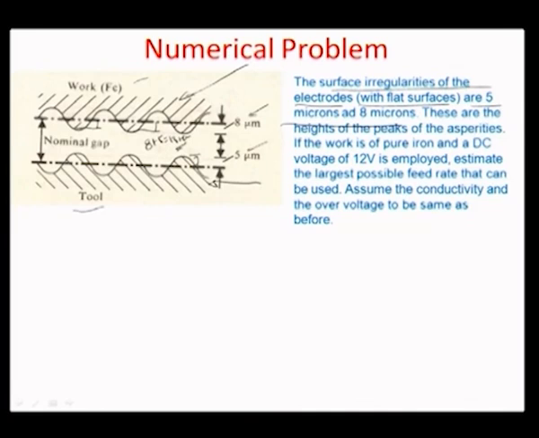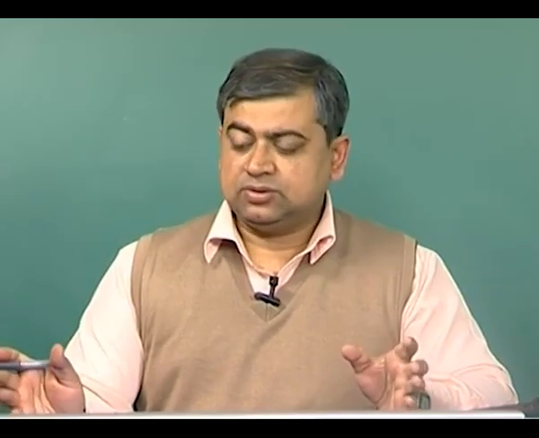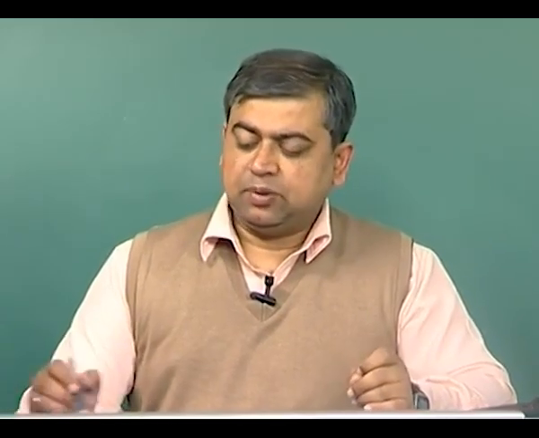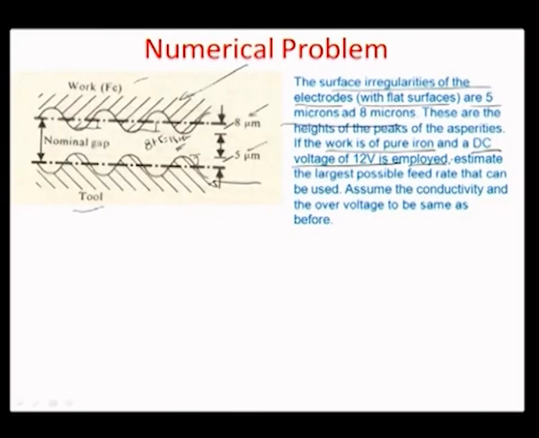So if supposing the work is again of pure iron, we assume iron for the sake of convenience here as well. Iron is in fact the most machinable material with the ECM process also, and a DC voltage is employed of 12 volts. Okay. So you estimate the largest possible feed rate that can be used, and you assume the conductivity and over voltage to be the same as before. Okay.